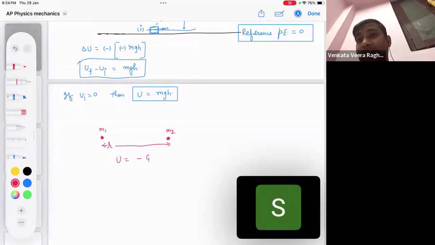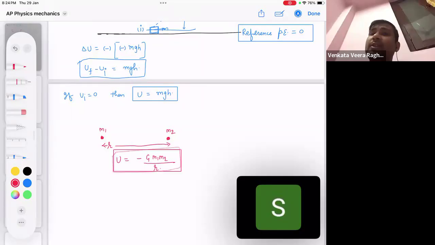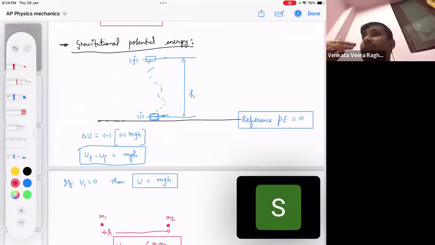So minus G m1 m2 by R will be there. But here in work, energy, power, you will see most of your questions involve the gravitational potential energy of Earth and a small object, meaning the object whose potential energy we are calculating is very small compared to Earth.